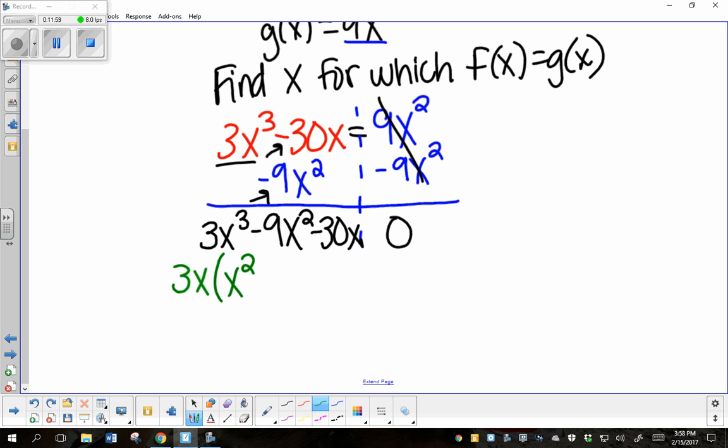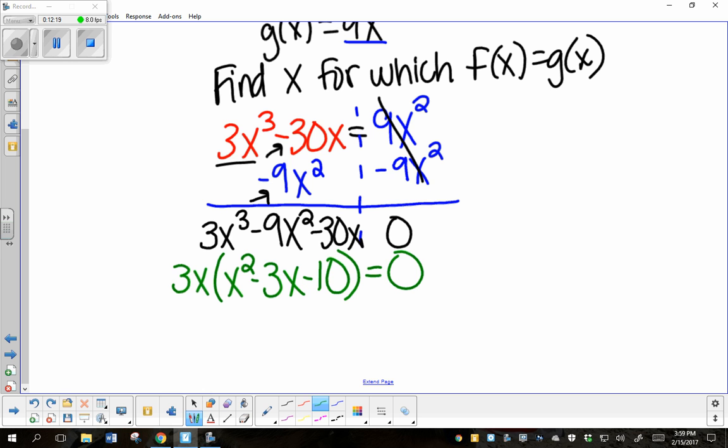On my second one, negative 9 divided by 3 is negative 3, he had x squared, I took an x, so he's just left with an x. And in my last term, negative 30 divided by 3 is negative 10, and I took the x. So now we've just got this equal to 0.